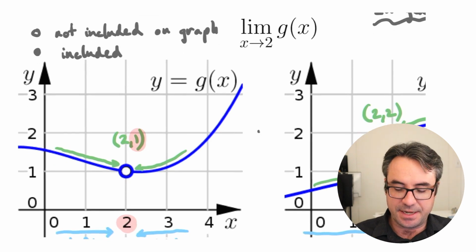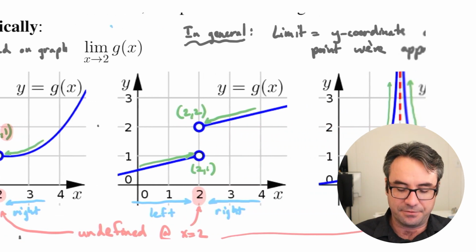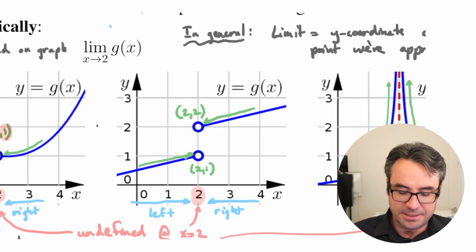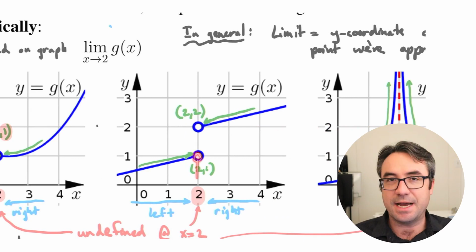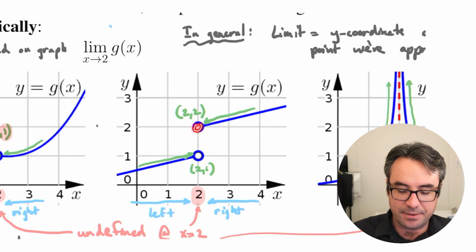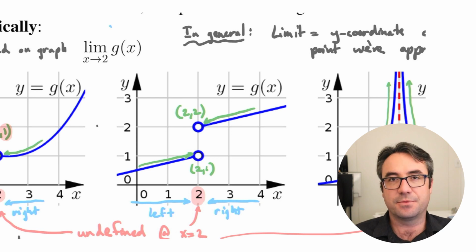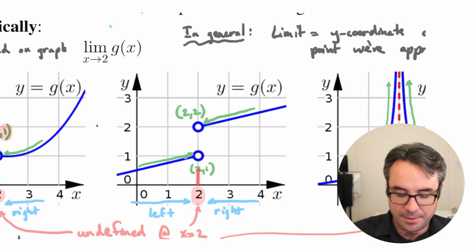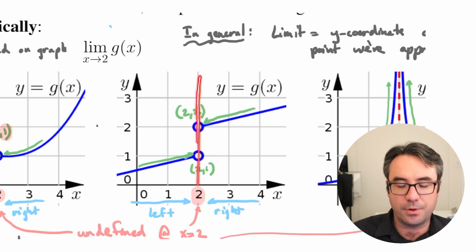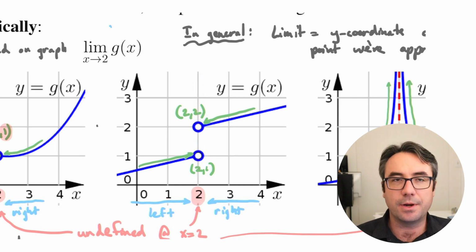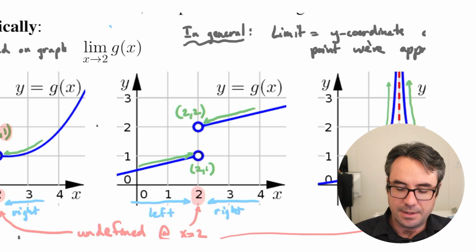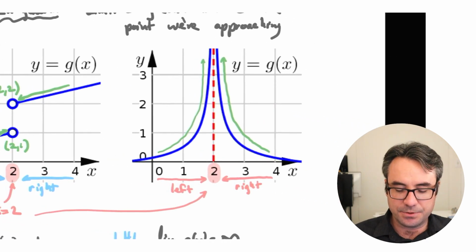And we see the same thing going on in the second graph, where at x equals 2, this point is not included on our graph, and this point is not included on our graph. We just make them extra large just to emphasize that they're there. And if we look up and down, there is no point on the graph. Same kind of deal at x equals 2 over here.